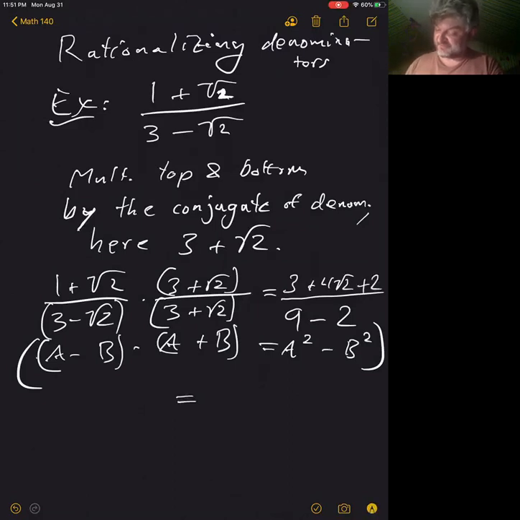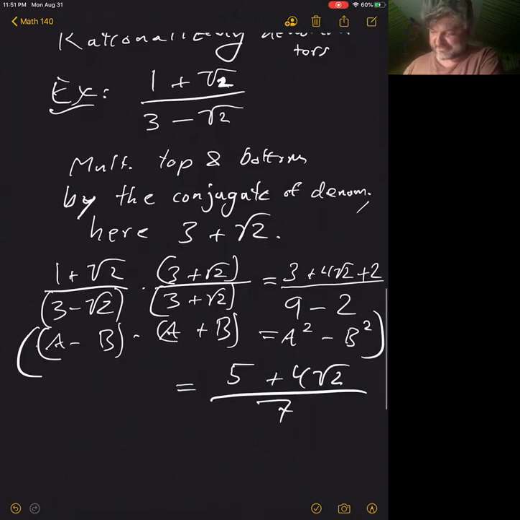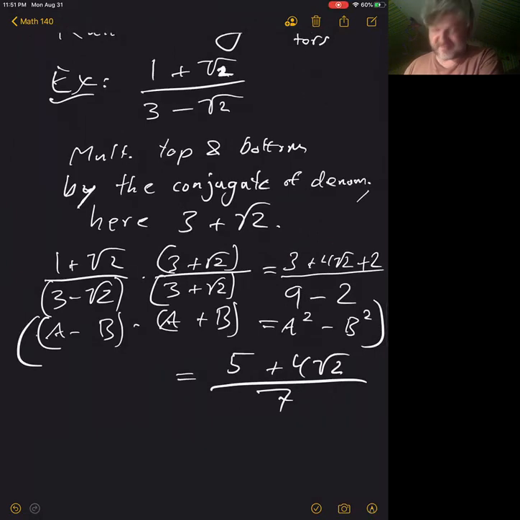So the end result is 5 plus 4 square root 2 divided by 7. And that is arguably a bit nicer because the denominator is now not involving any square roots anymore. It's the same quantity as before, but in a nicer form.